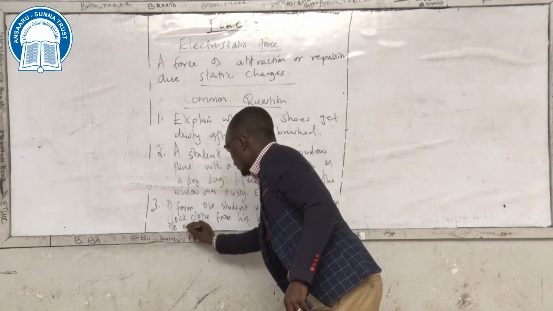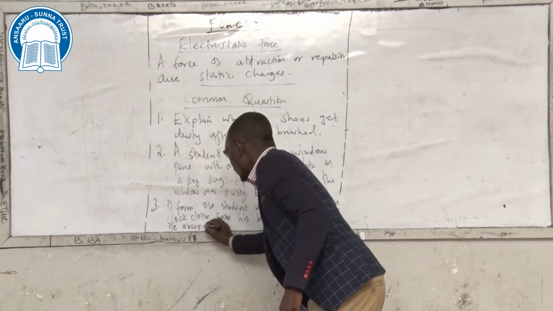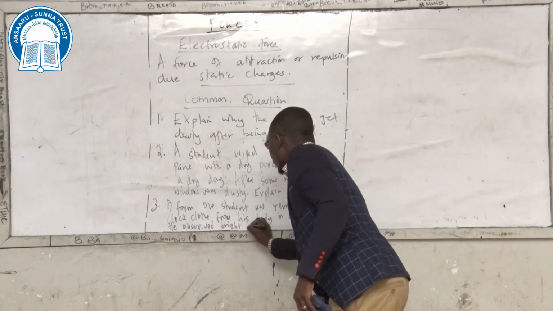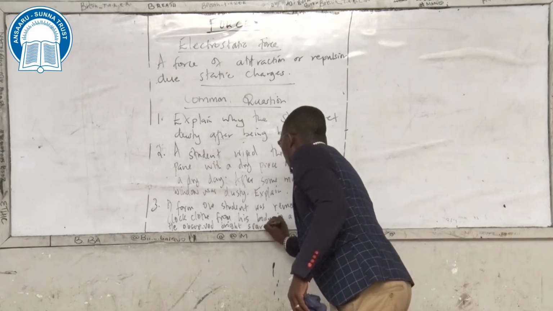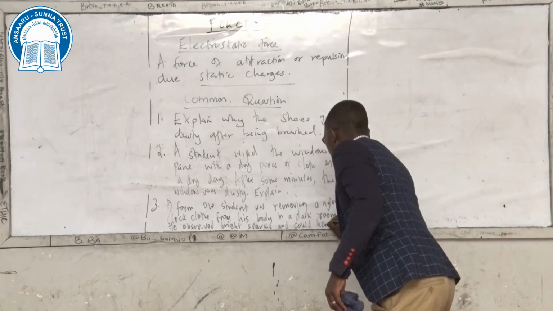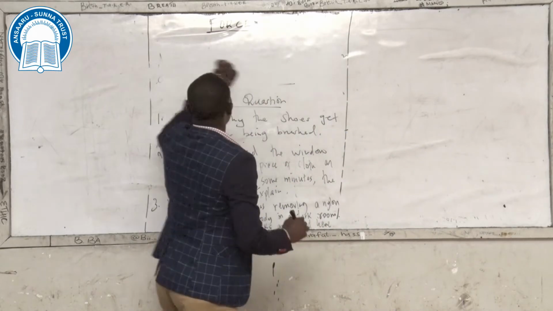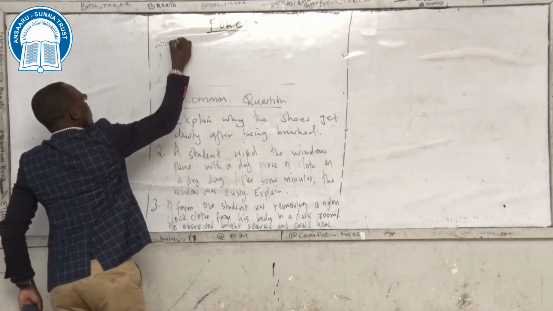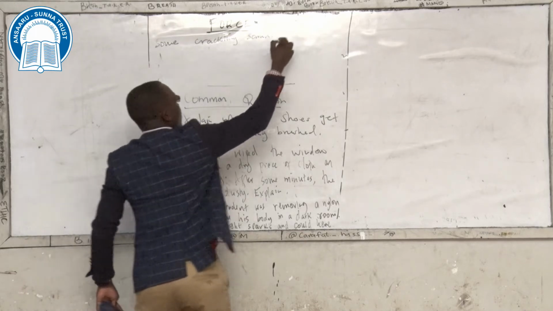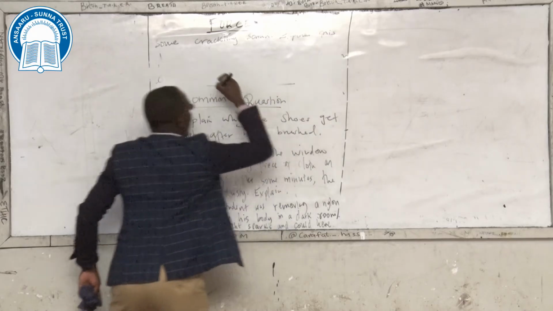He observed bright sparks and could hear some crackling sound. Explain this observation.